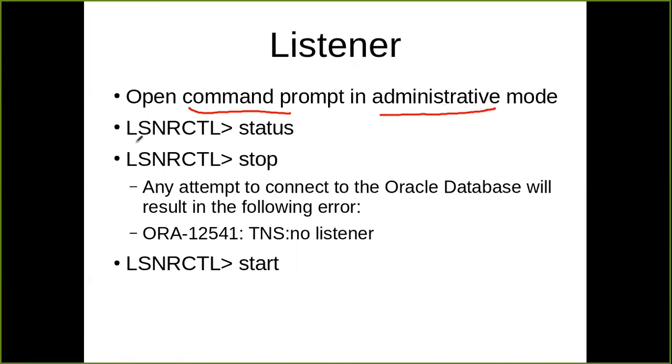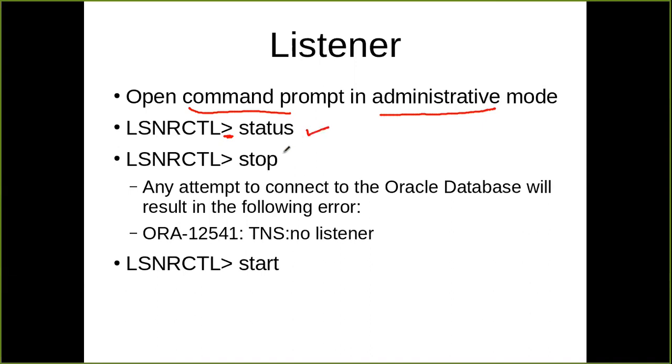In that command prompt, you have to type the command lsnrctl, which stands for listener control, then a space, then status. It will show you the status of the listener, whether it is running or not running.